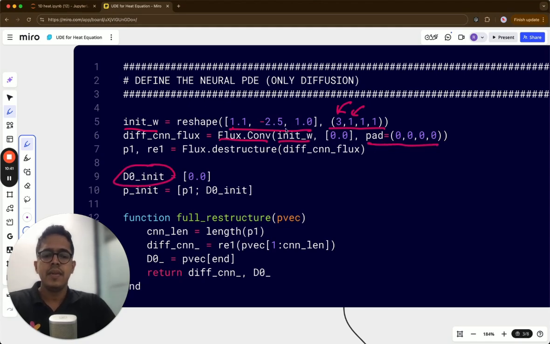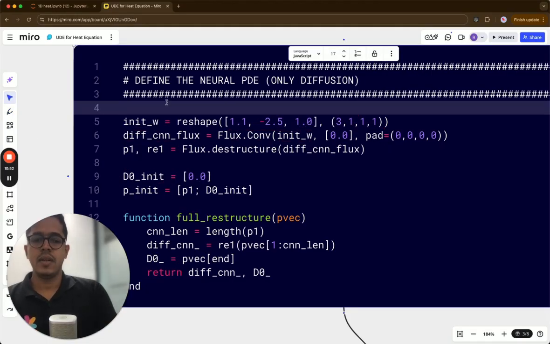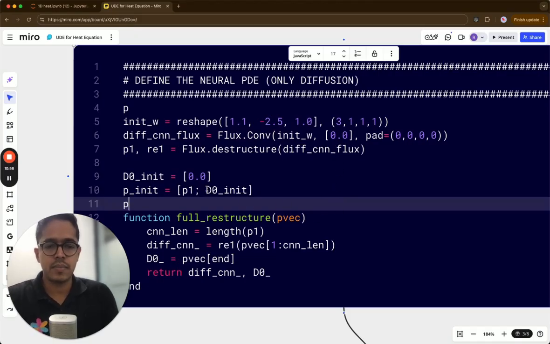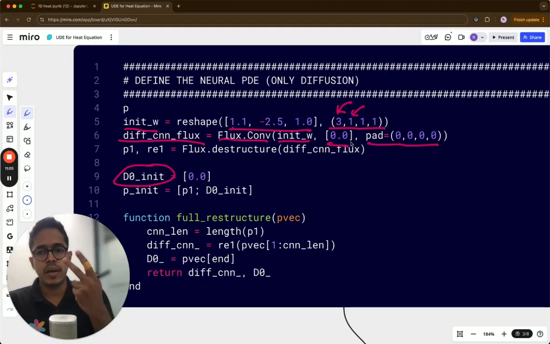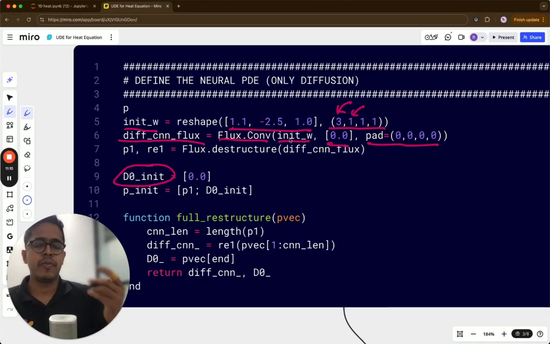So this is the CNN, which we are using to train the neural network to make predictions for W1, W2, W3, and also for the scaling factor D. Here, this 0.0 is the bias. Since there is no padding, the final output size will be 2 elements shorter than the kernel. Our kernel has 3 elements, so the output will have only 1 element.